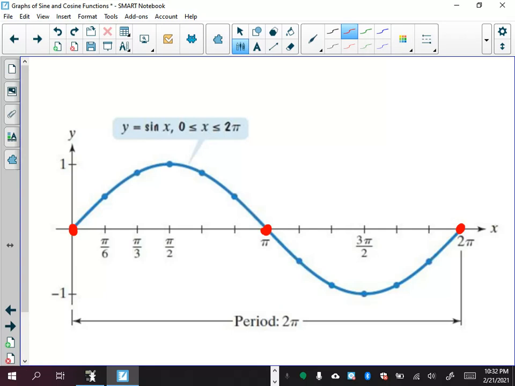Then you go from 0 to pi; halfway between that is pi over 2. And from pi to 2 pi, halfway between that is 3 pi over 2. So these are the 5 key points it's talking about. You have the 3 x-intercepts, so your start, your ending, and then halfway in between. And then you have your max point and your min point, which is halfway in between your 3 x-intercepts.